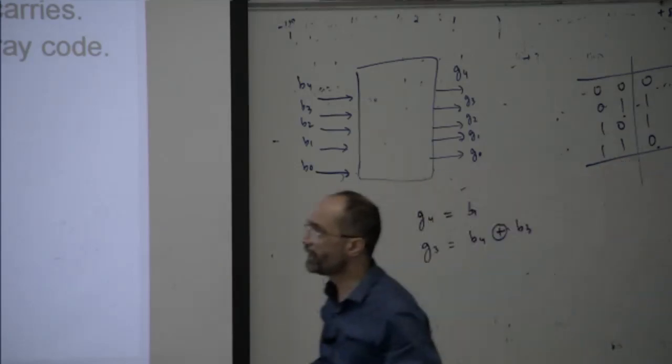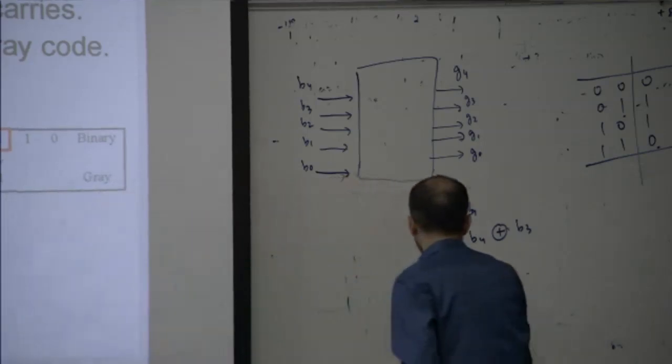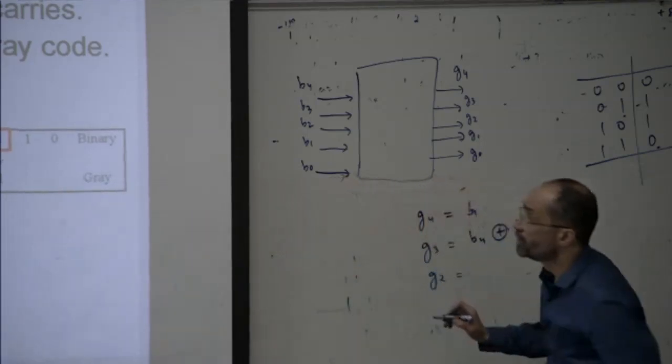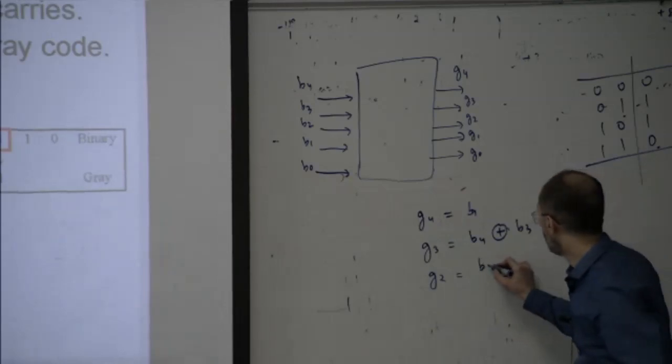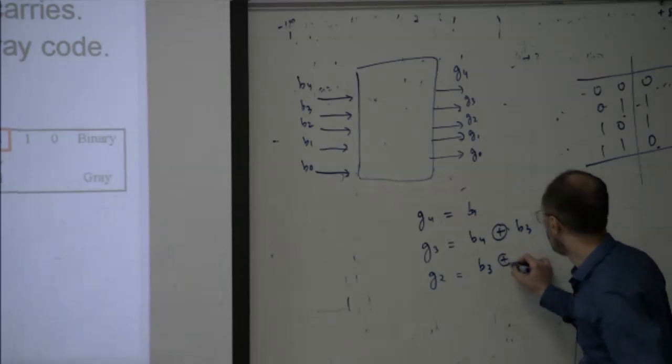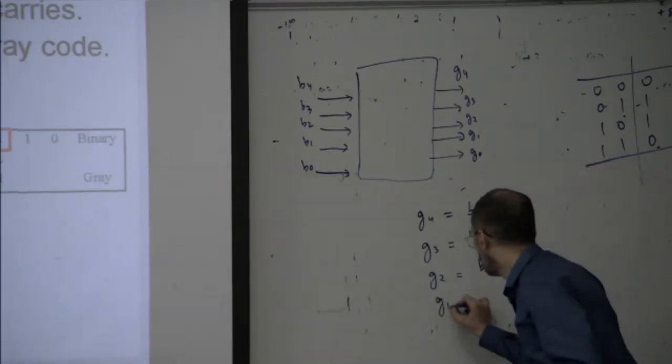Okay. How can we get G2? B3 exclusive OR B2. How can we get G1?